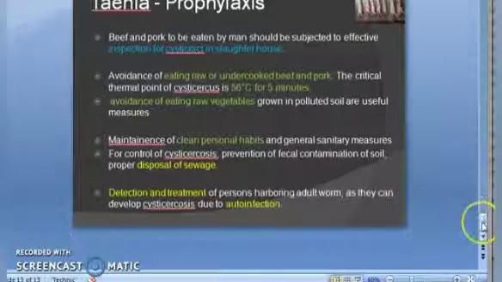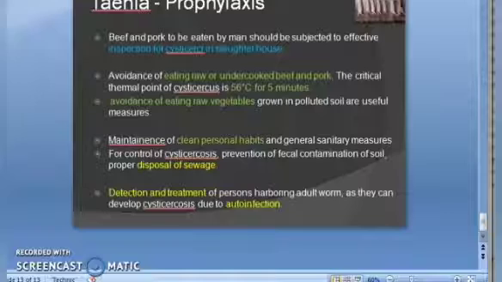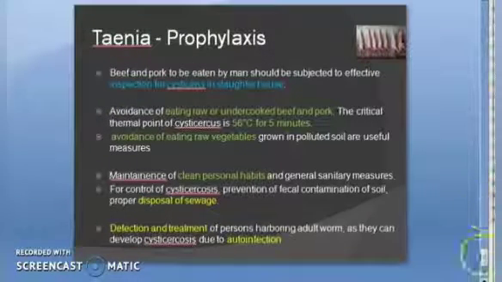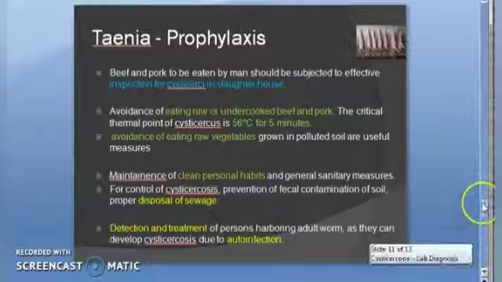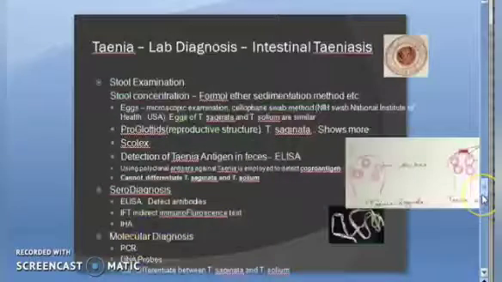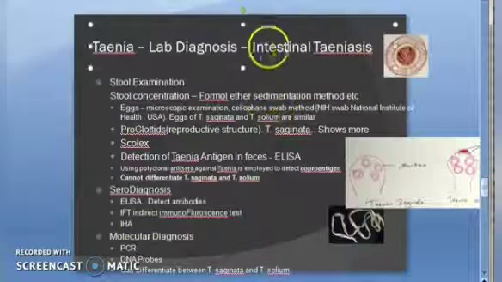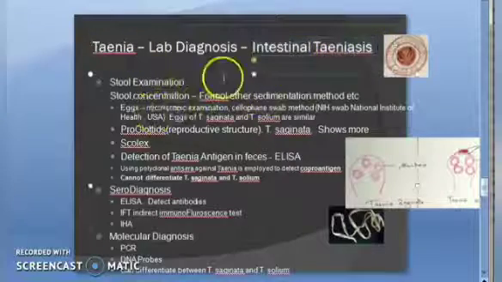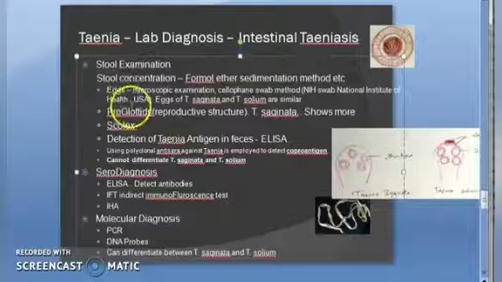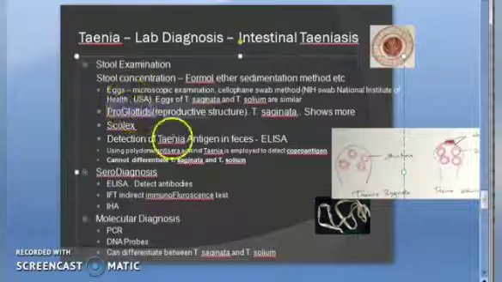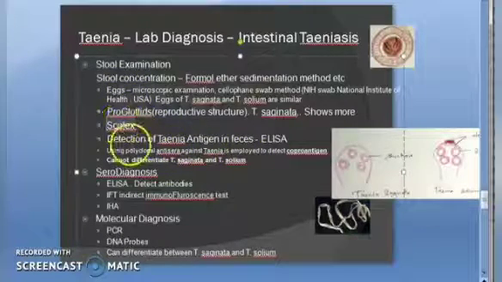Hope you enjoyed everything. Now let us move on to a complete review of what we have seen so far in this video. We started off with lab diagnosis, correct? We started with the lab diagnosis of intestinal taeniasis, stool examination. So stool, first you will concentrate, then you look for the eggs, then proglottids, then the scolex.